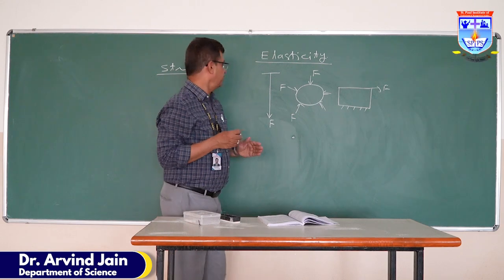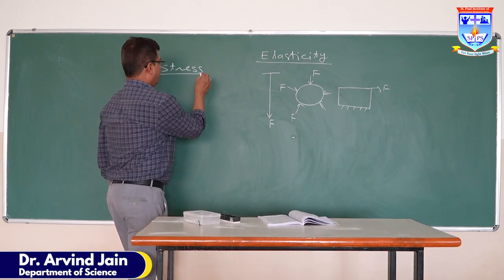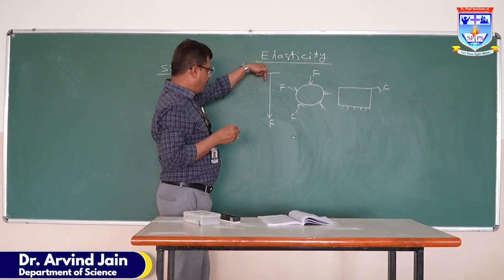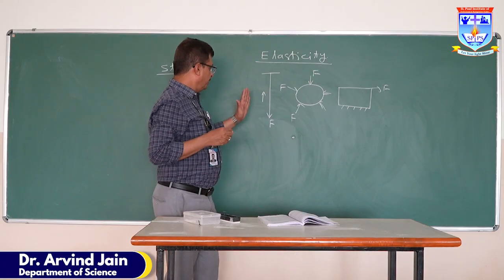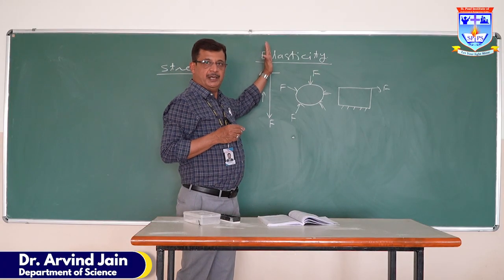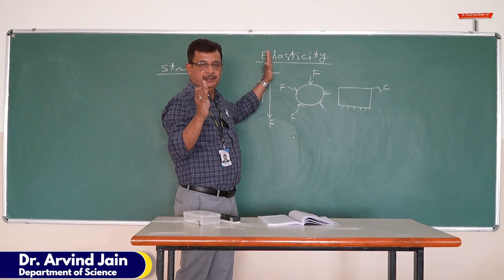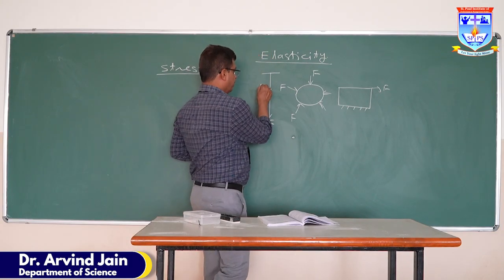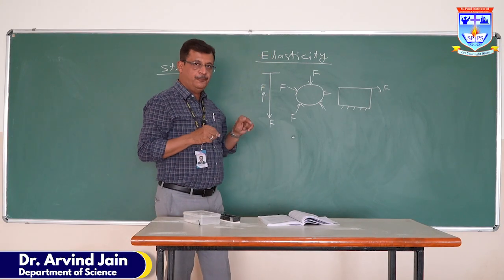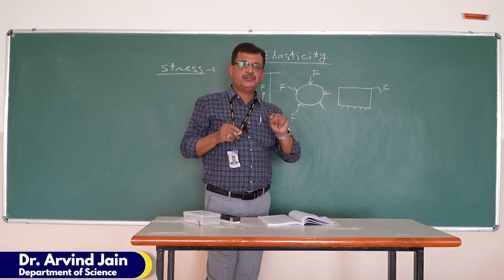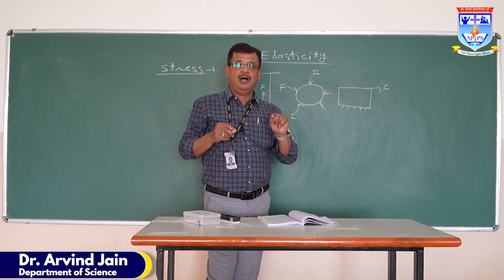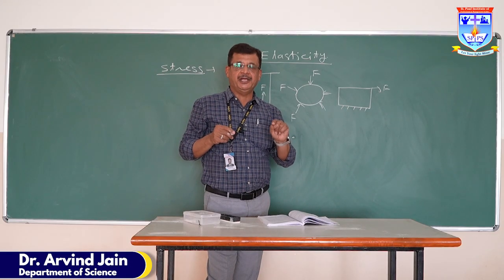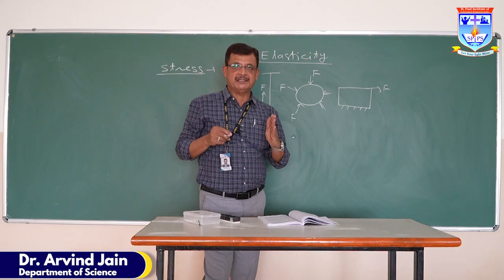Then the next definition is stress. When an external force is applied on the body, then in the opposite direction a restoring force is produced in the body. This restoring force is equal to the external force. The value of restoring force which acts on unit area of cross section of the body is called the stress.